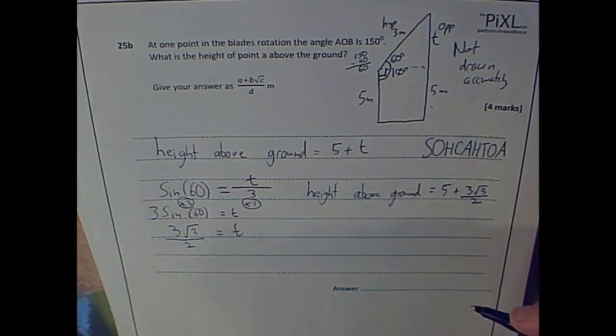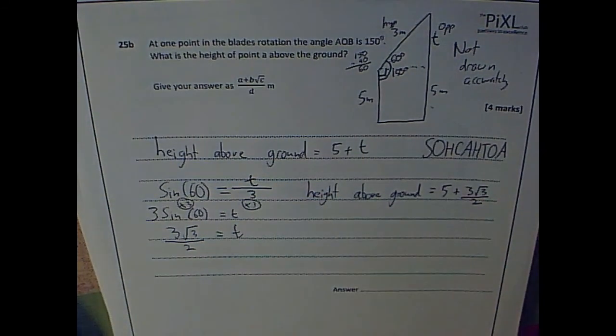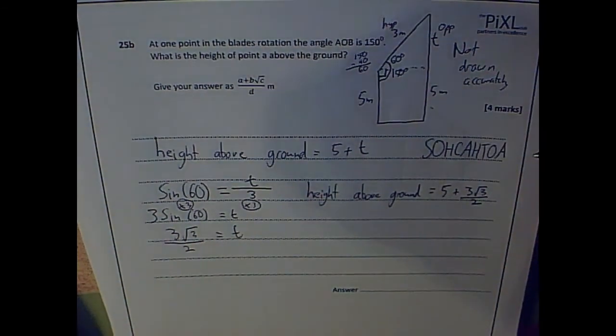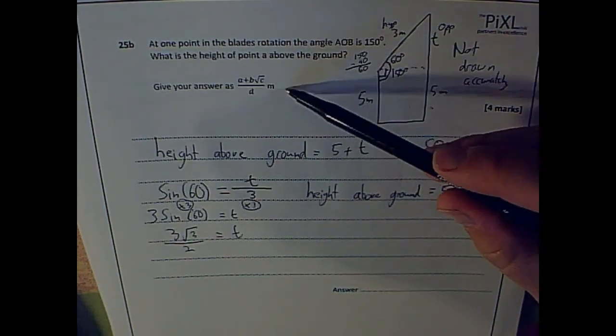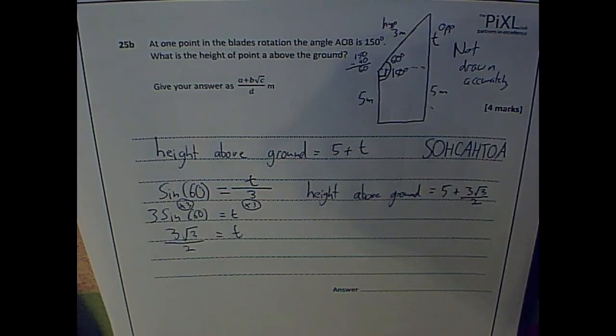Right, so I can put that in there and I'll get myself 3 marks. The reason why I won't get myself 4 marks for putting that in there is it's not yet in that form. And I just need a little bit of algebraic manipulation to be able to put it into that form.